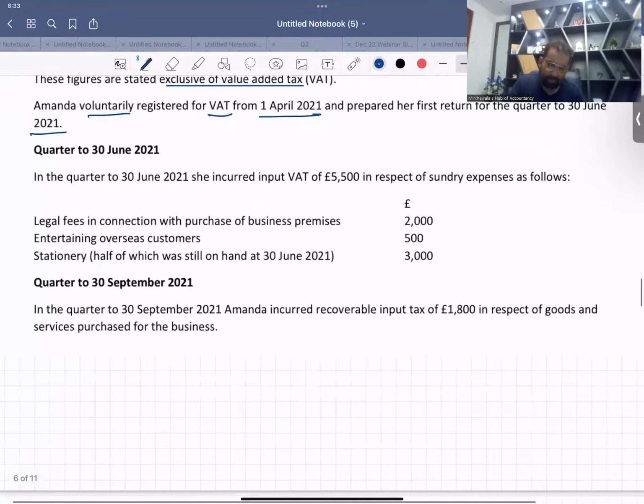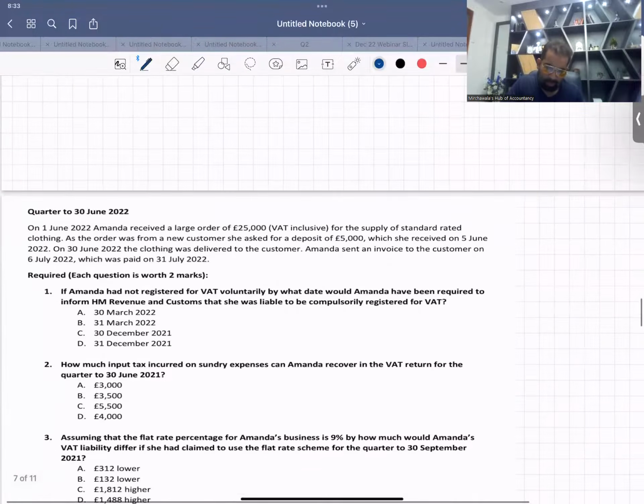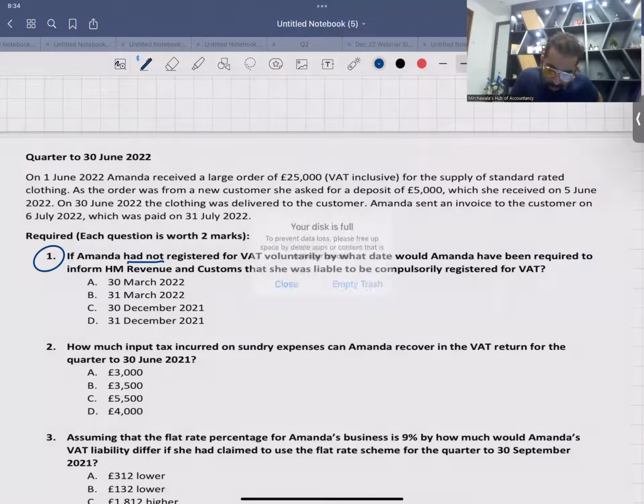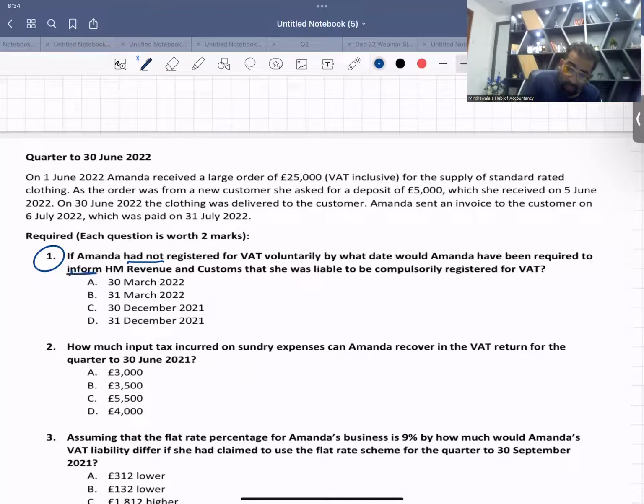Now, don't read the question. First of all, go to MCQ number 1. If Amanda had not registered for VAT voluntarily, by what date would Amanda have been required to inform?